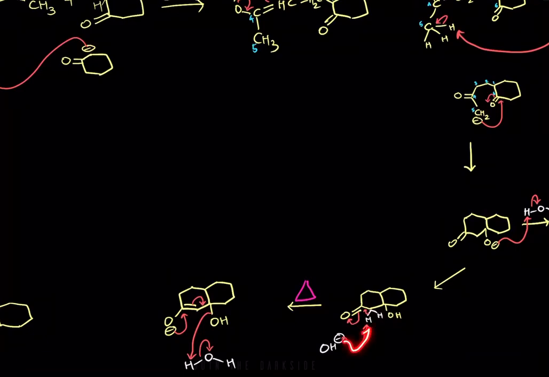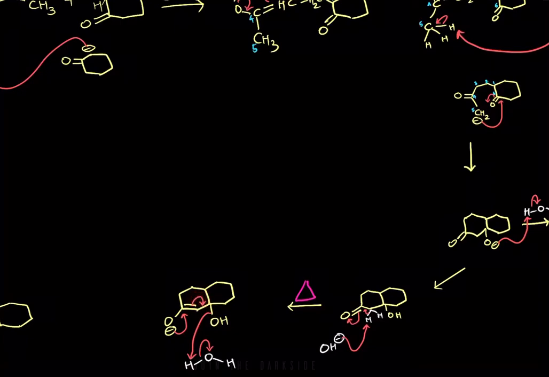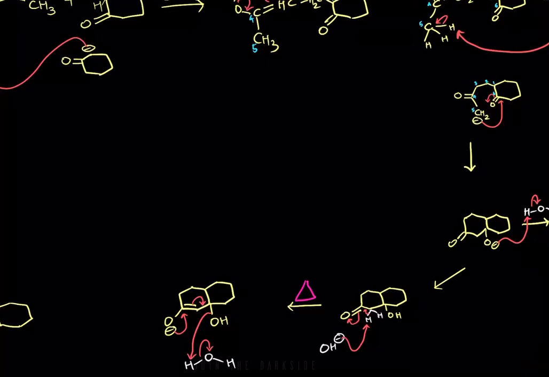It abstracts this hydrogen, thrusts these electrons here, forming the negative charge on oxygen, which kicks back again here, and the double bond shifts. The OH minus takes its lone pair and bonds with the hydrogen from the water molecule.